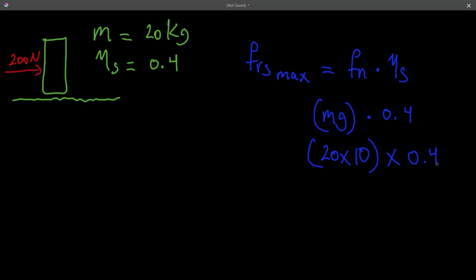So you get FRS max is equal to 80, I believe. Equivalent to 80 newtons. And as you can see, 80 newtons is less than 200 newtons, and so this object will move.